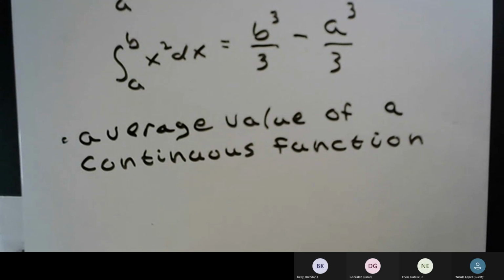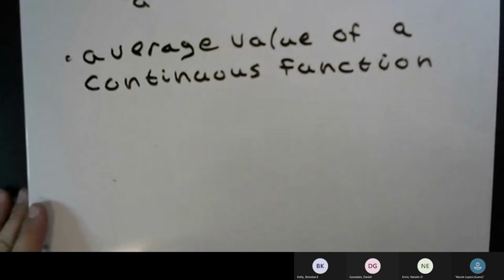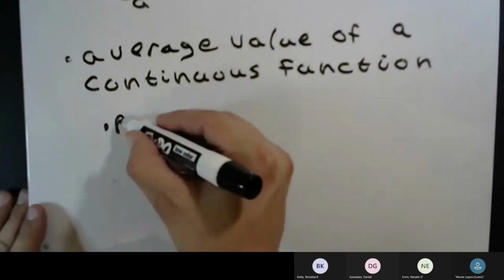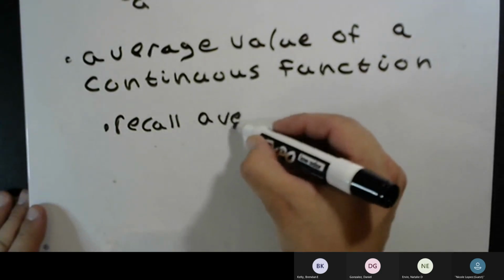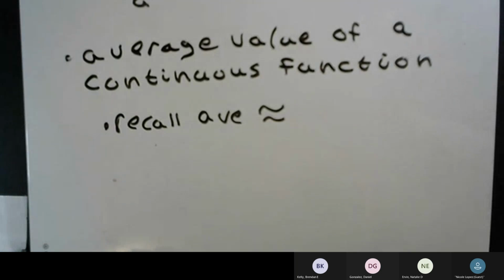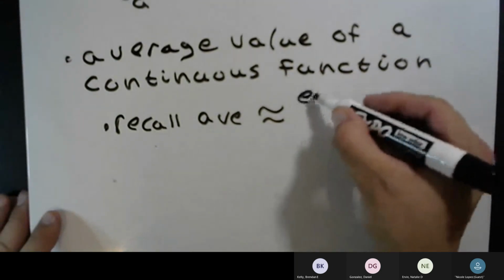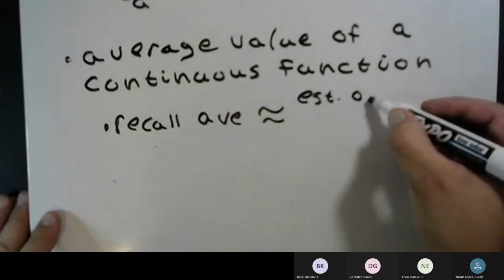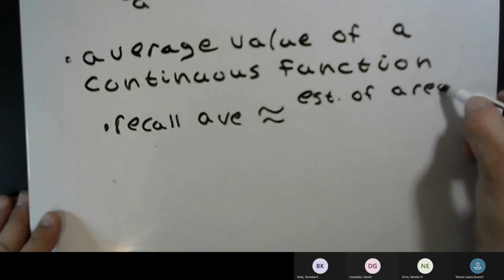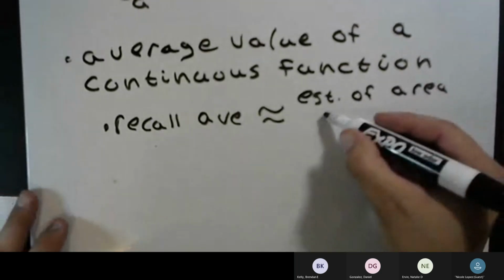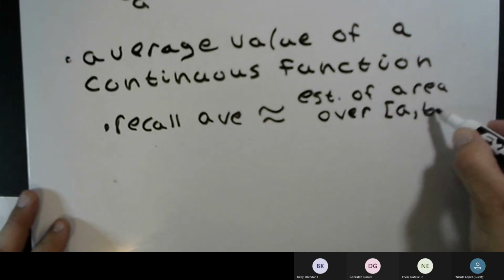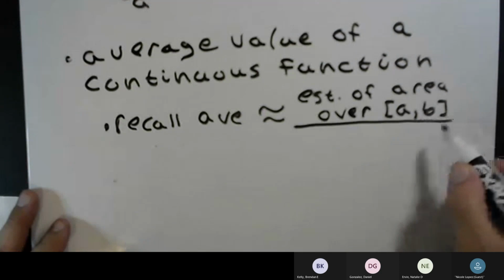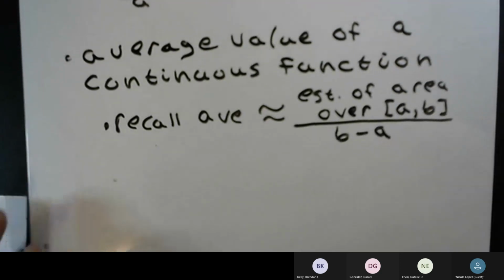So we looked at this a bit earlier, and what we came up with before was that the average was approximately the estimate of the area under some function f of x over AB, divided by b minus a.